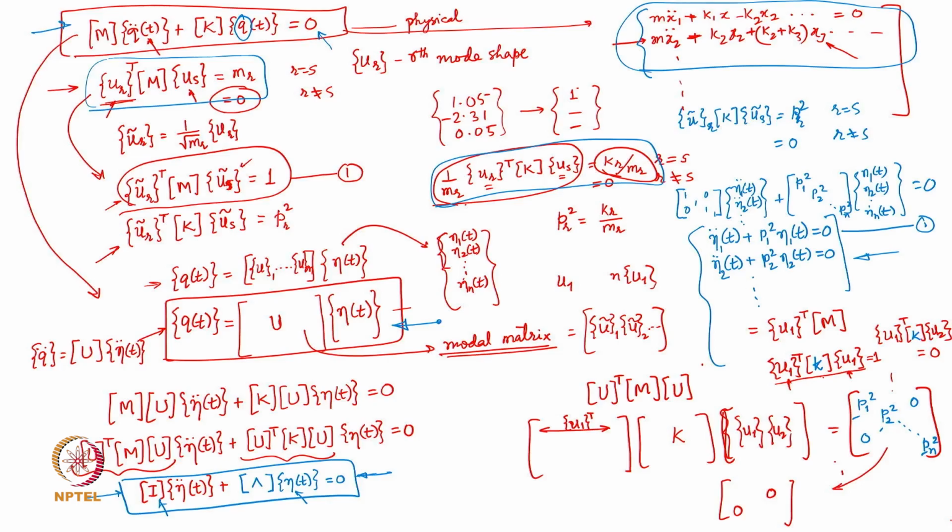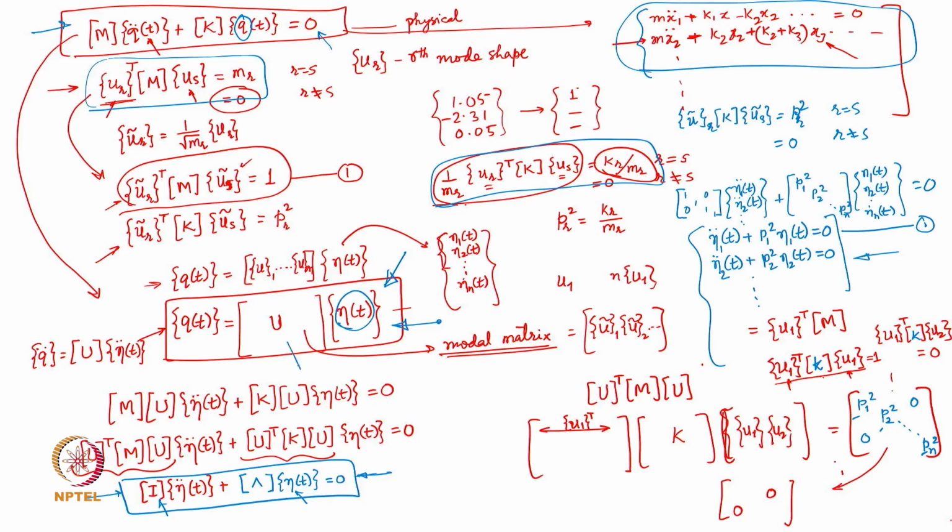In fact, each one of them represents the motion that is taking place in that particular modal coordinate eta 1. The moment you write the solution eta 1, eta 2, eta 3, which you now know how to get, you can plug it back into this transformation, right. So, once you solve it for eta, you basically know this vector completely.